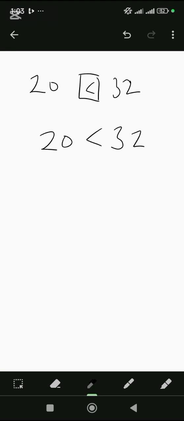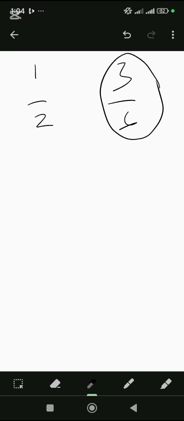But it begins to change when we now start to compare fractions. Okay, and it's very easy. When we compare fractions, we are simply trying to find out which is greater and or if they are equal. And this is important because sometimes we cannot tell.